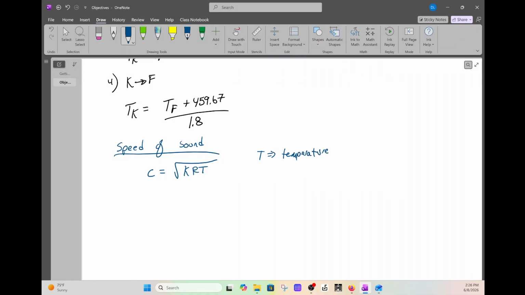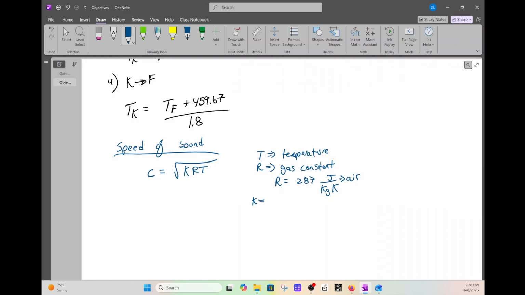See how we did that? R, again, is your gas constant that I talked about before. And it's 287 joules per kilogram K for air. It's just a constant that you can find in the back of your book.